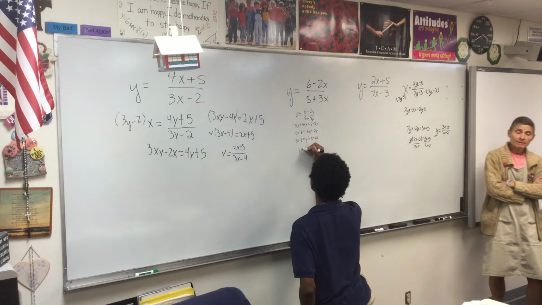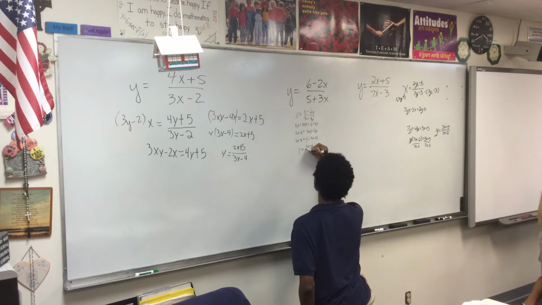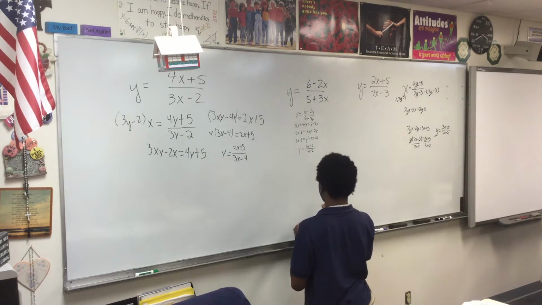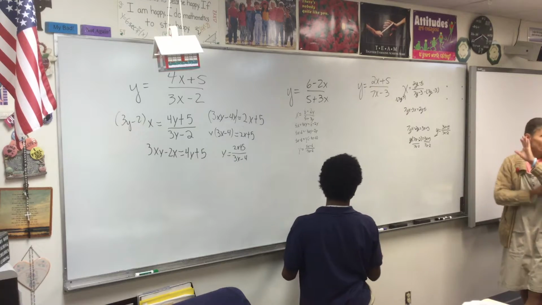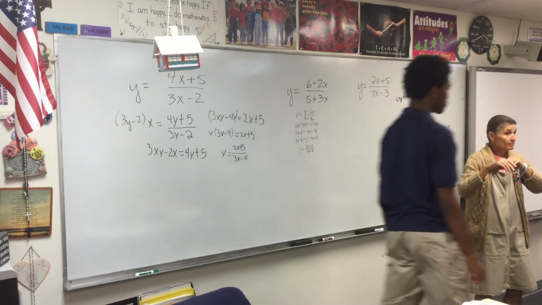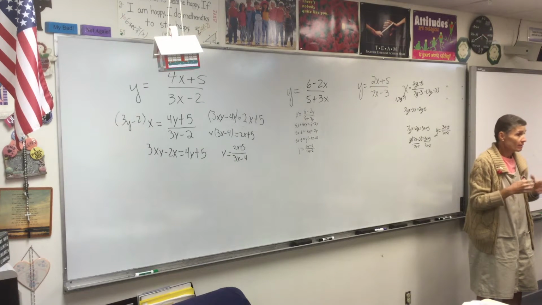Now, Clayton has done something a little bit different. It is not wrong, it's perfectly okay, but it's a little bit different than how we've done our other problems, because in our other problems, we put all the y's over on the left side and all the x's on the right side. Does it matter?